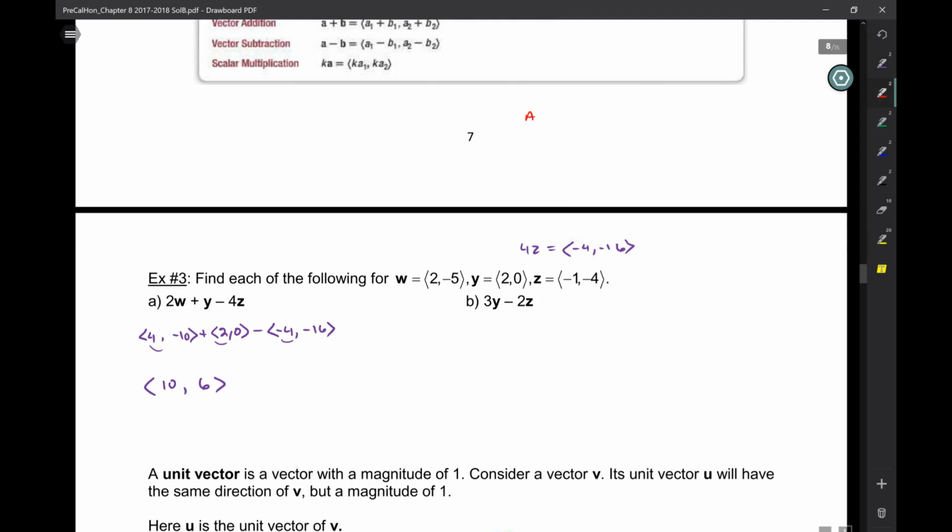Okay, let's go back to matrices for a minute. Suppose I have a row matrix A. It's a 1 by 2. And I have a row matrix B. It's also a 1 by 2. How do I add them? 2 plus 4, and 2.